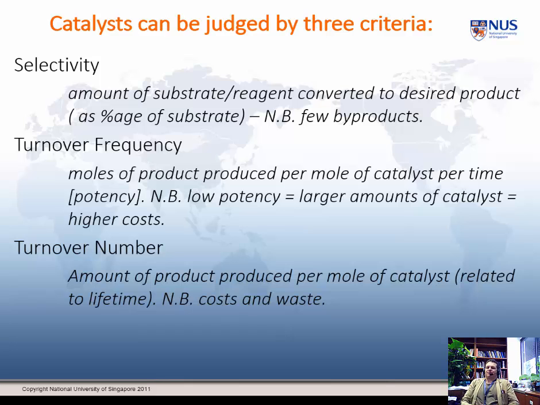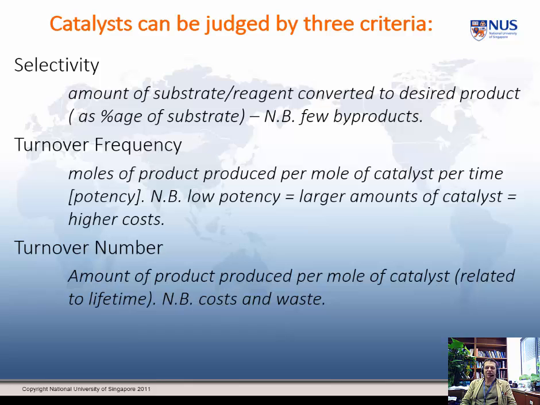How do you judge a catalyst? Selectivity. I won't read it. Basically, that it produces what you want, your desired product, with very few byproducts. Turnover frequency. How many moles of product can you produce per mole of catalyst per time? It's also defined as potency.